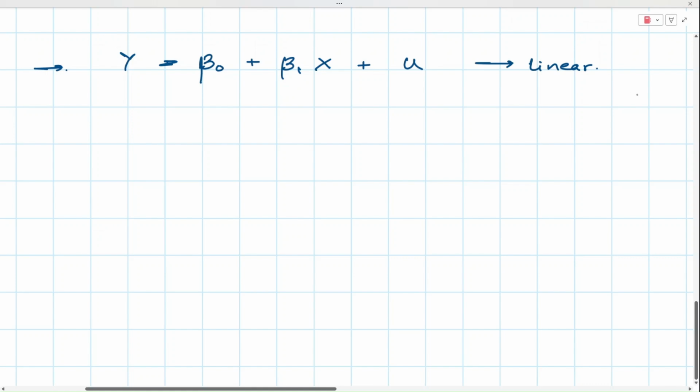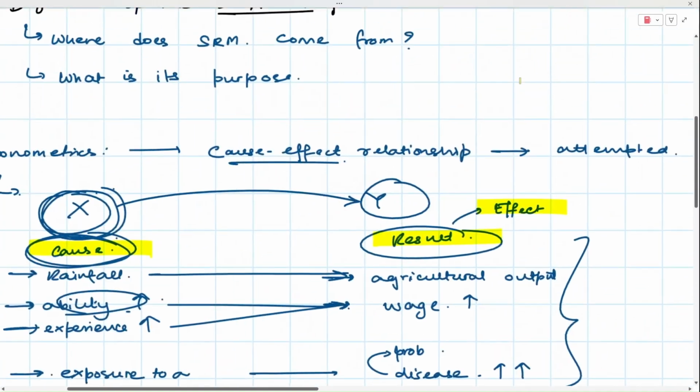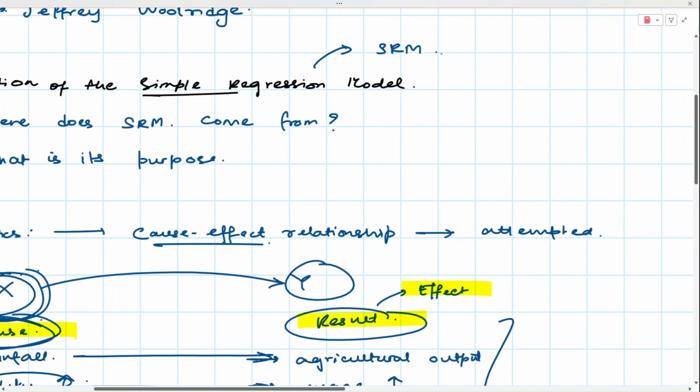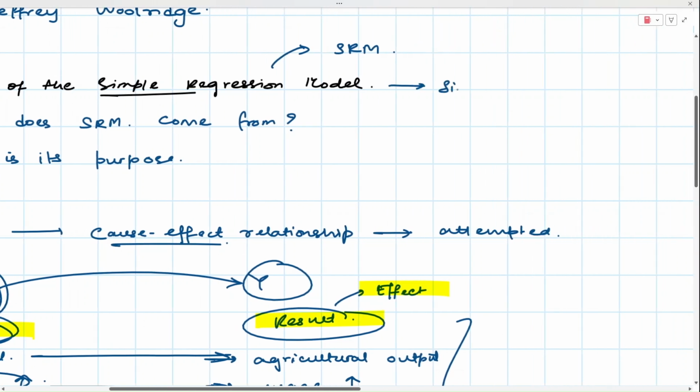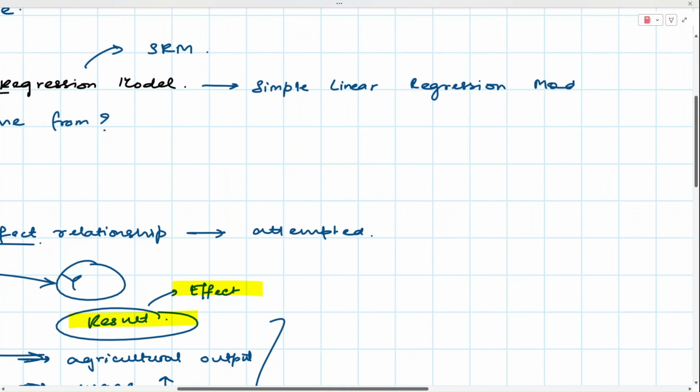So this is a linear model. What that explains is, going back to the topic that we had taken up, this is your simple regression model. This is also called your simple linear regression model.